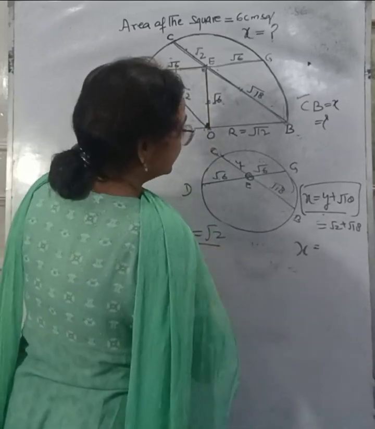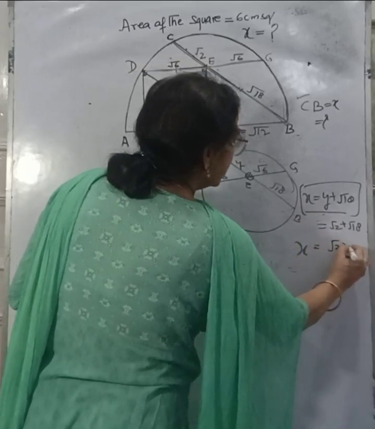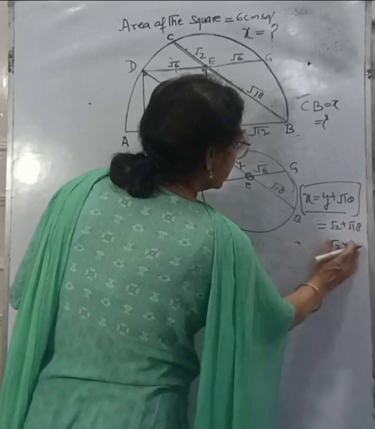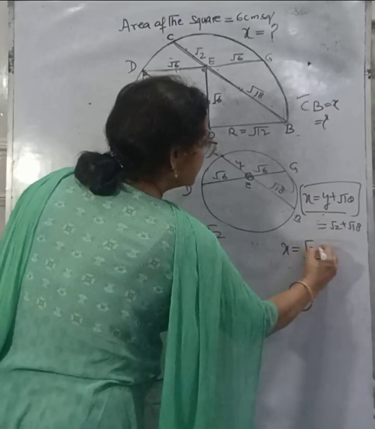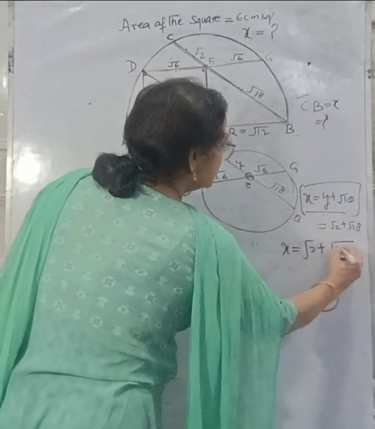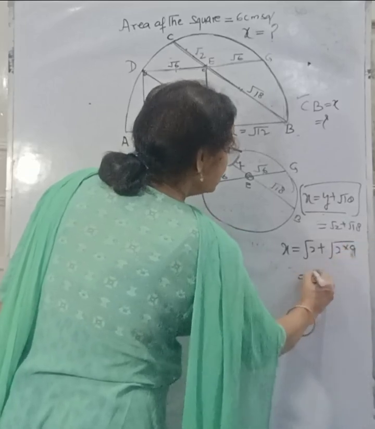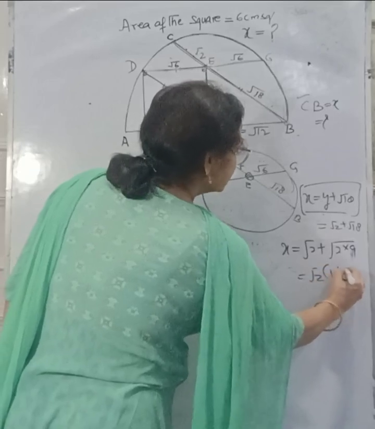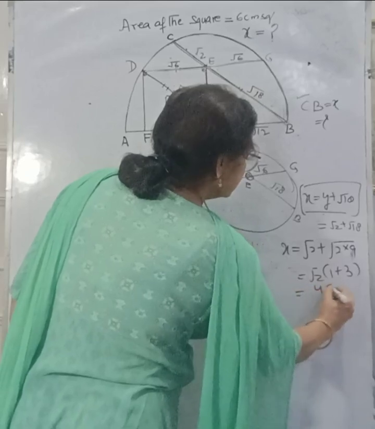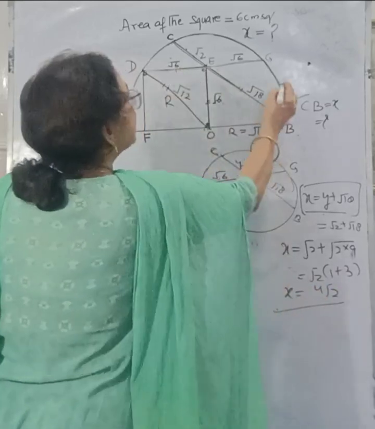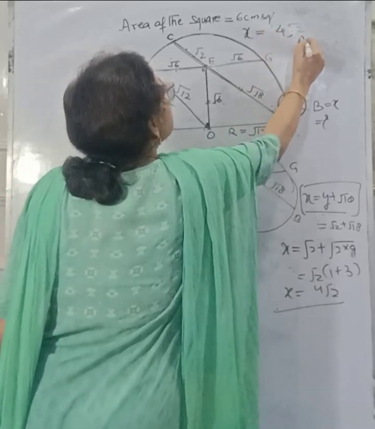Root 18 can be written as 3 into root 2, that is root 2 into root 9. So root 2 can be taken as common, 1 plus 3, that is 4 root 2. This is the answer. The value of x is equal to 4 root 2.